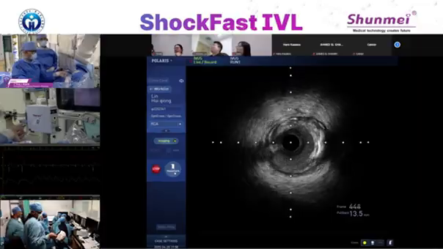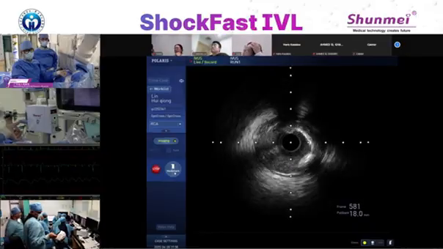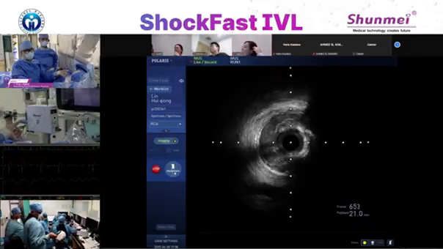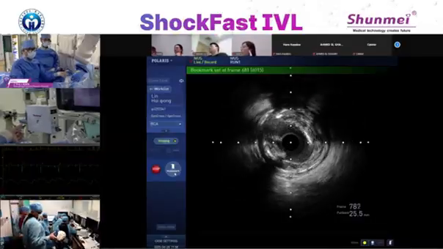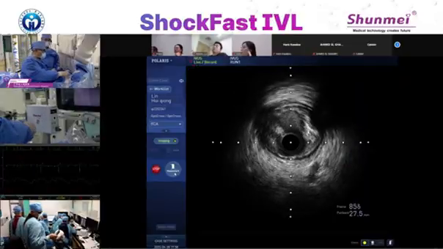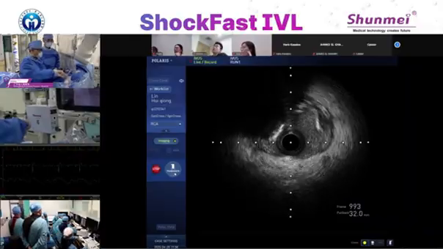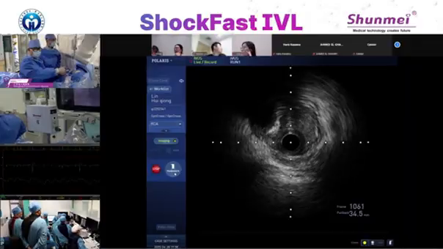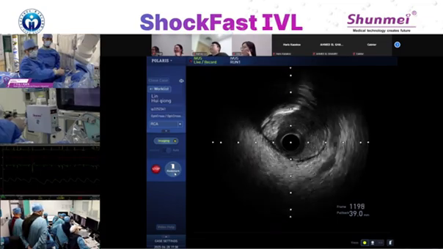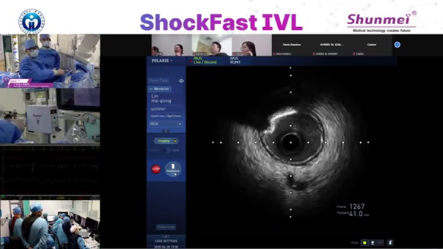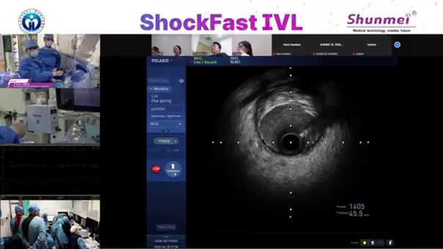That's the very distal segment. Here is some dissection. Some spotty calcium. Here is some plate calcium, and something like a noodle. Yeah, a little bit protruding into the vessel lumen.